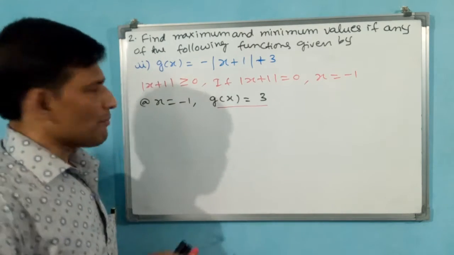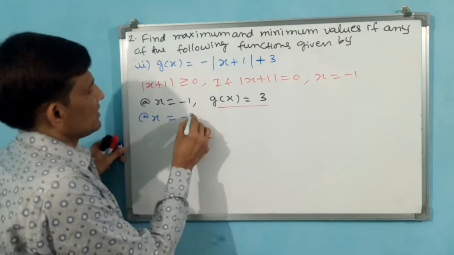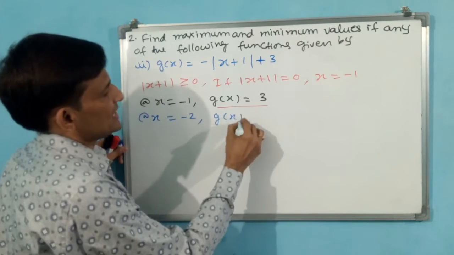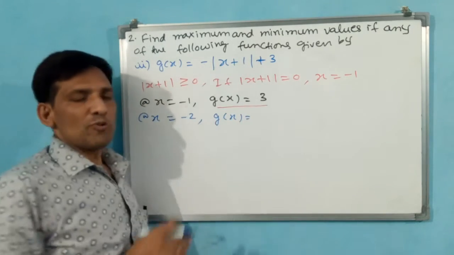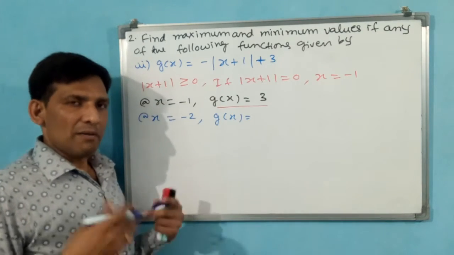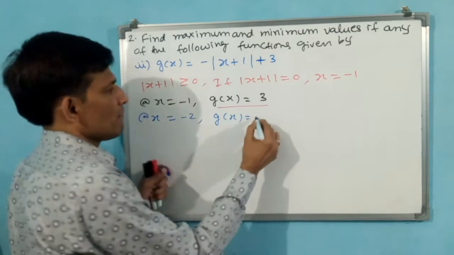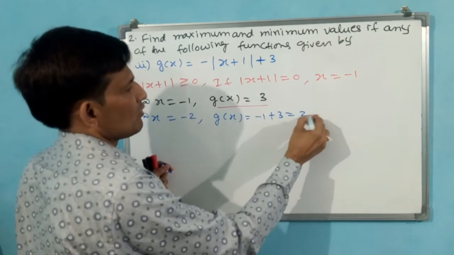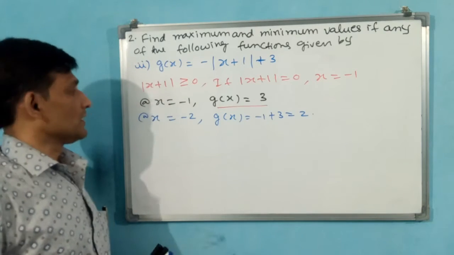See, I am giving less than minus 1, minus 2. At x is equal to minus 2, g of x is equal to minus of modulus of minus 2 plus 1, plus 3. That is minus of modulus of minus 1, plus 3, that is minus 1 plus 3, equal to 2. Definitely okay.